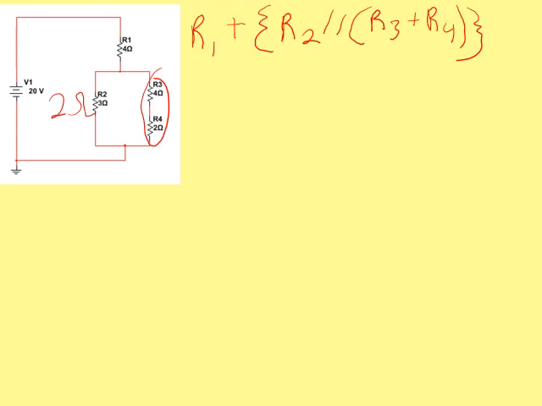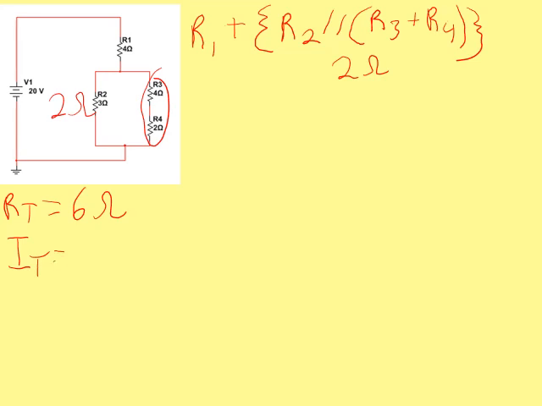I'll write it 2 ohms beneath that. And we know R1 is 4 ohms, so our R total equals 6 ohms. Our V total is 20, so our I total will be 20 divided by 6, which is 3.33 amps.